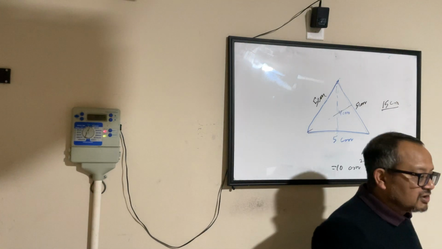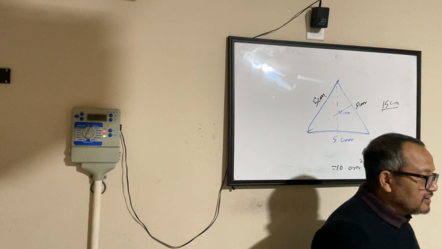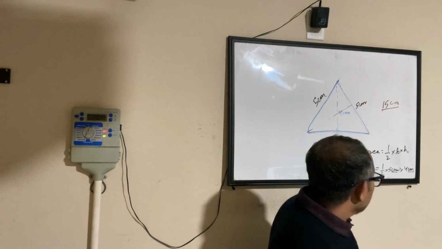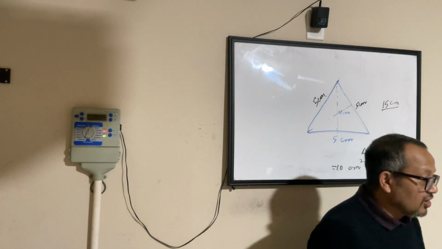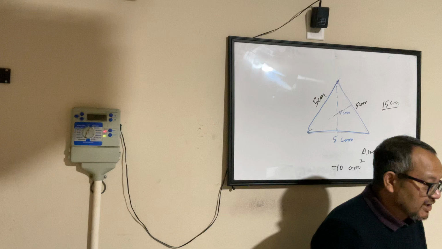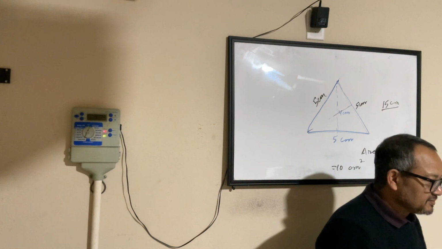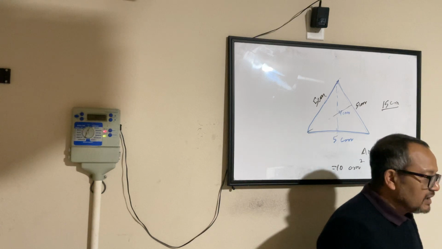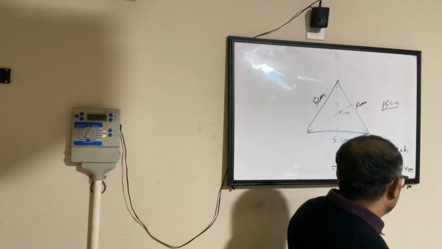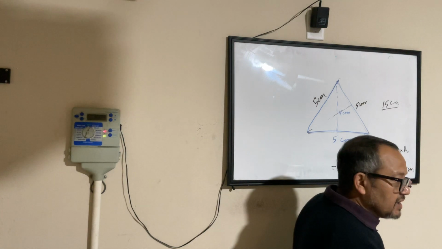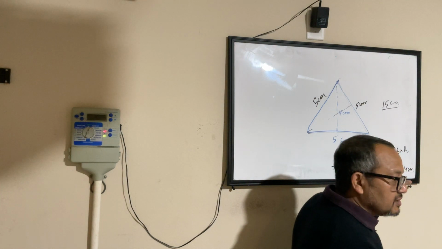So, any of you who did not get this answer, that means probably you missed something or you did not apply the formula correctly. Yeah? And remember one thing which I keep on repeating, that you never overlook the unit, because unit is very important.